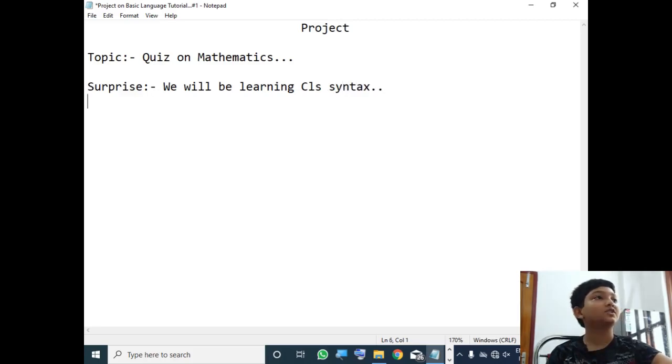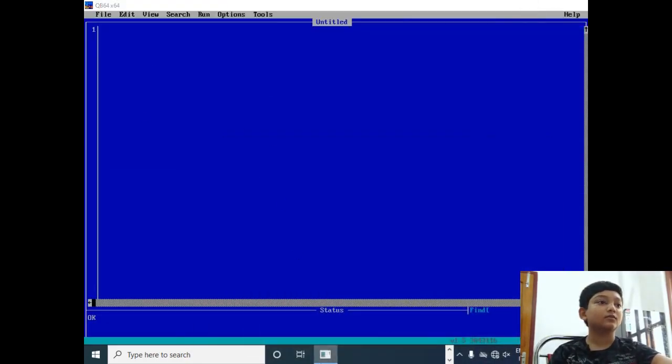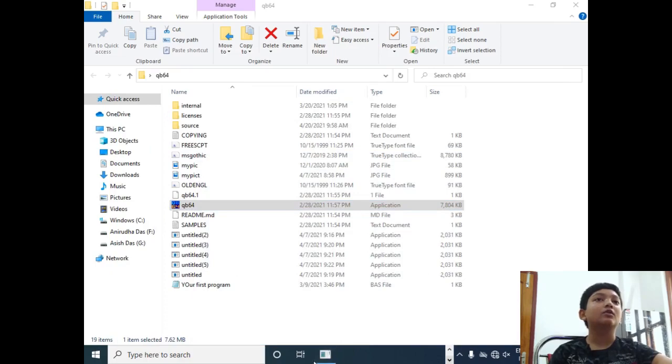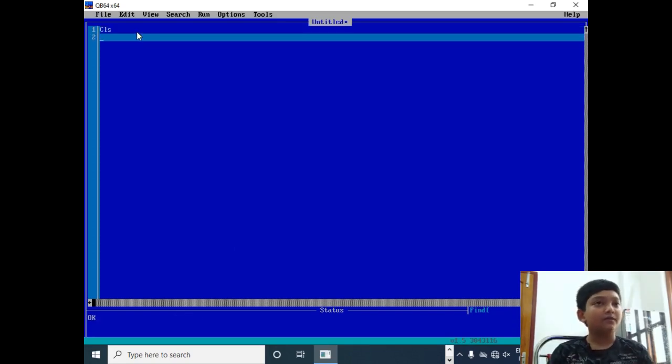CLS is very much used in our QB64 or basic language. Now if we are writing CLS, then what is the function of it? The function of it is nothing except that it clears the screen.